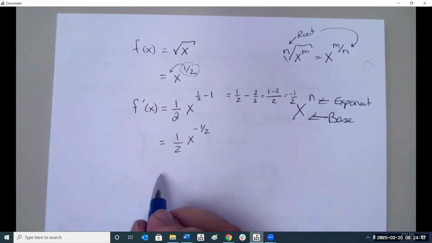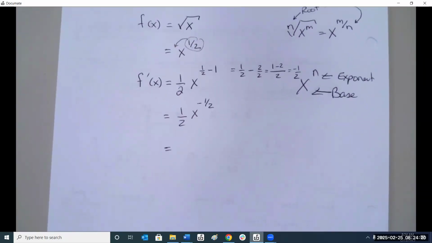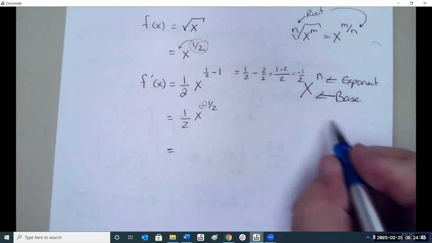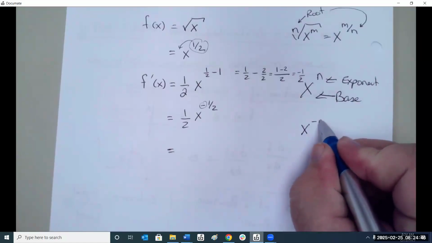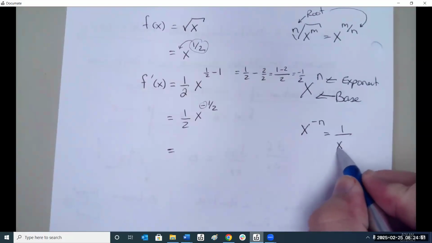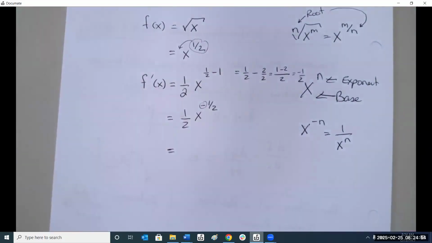So how do I rewrite this equation? How do I write that? Because remember, the rules of mathematics, you can never have a negative exponent. So how would I rewrite that? Because the rule is this. If you have a negative exponent, it goes on the other side of the dividing line and drops the negative.